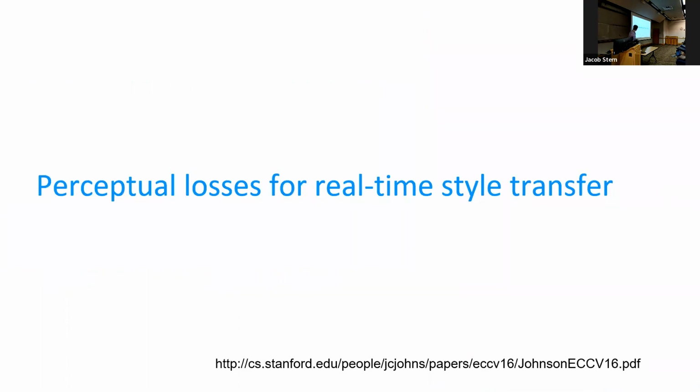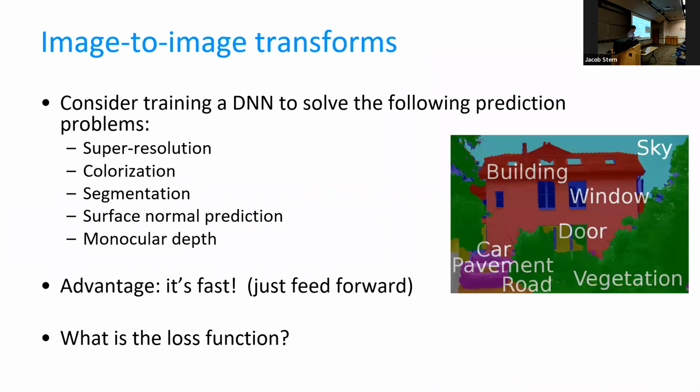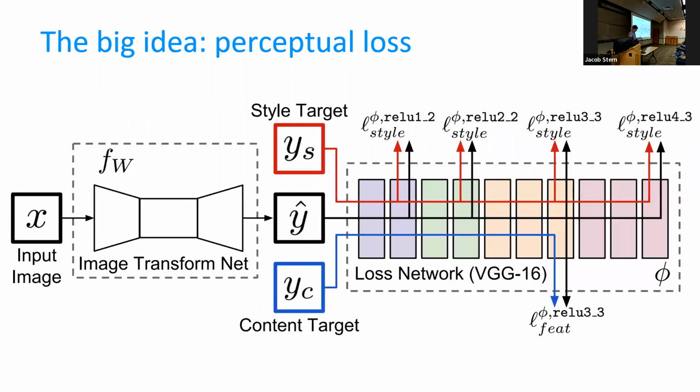So we talked about how long this optimization process takes. What if we want to do this faster? What if we just train a neural network to translate directly from features to a style transfer image? This is how we do it. We generate our target image for our new neural network in the same way that we did originally.